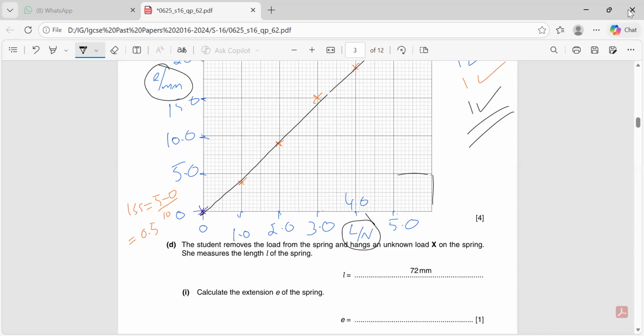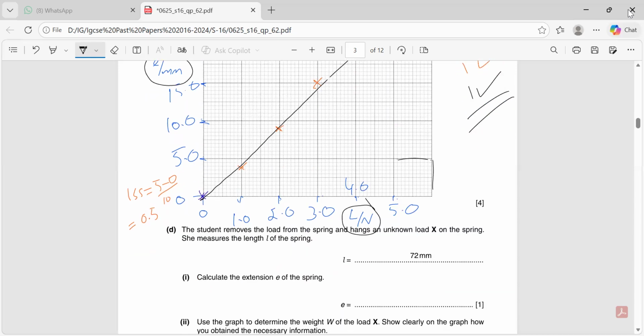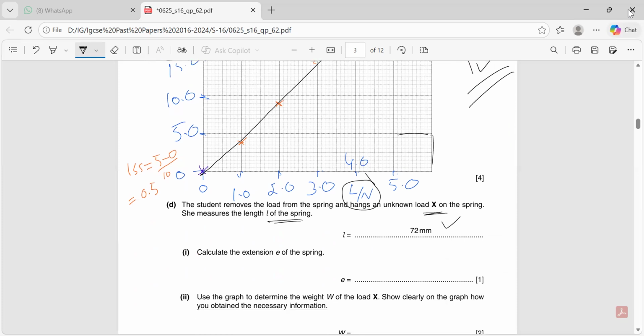Okay. Now, the student removes the load from the spring and hangs an unknown load X on the spring. She measures the length of the spring to be 72 millimeters. Now, calculate the extension E of the spring. No problem. Extension E is equal to L minus L0. L is 72 and L0 is 55.